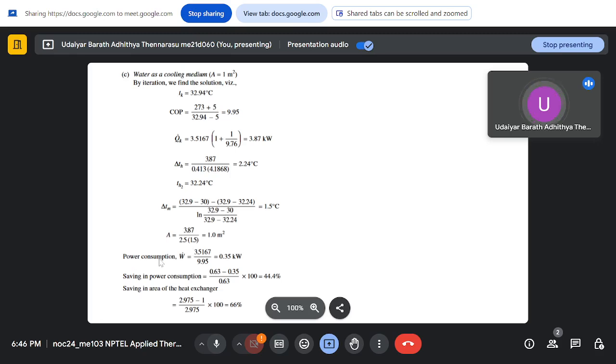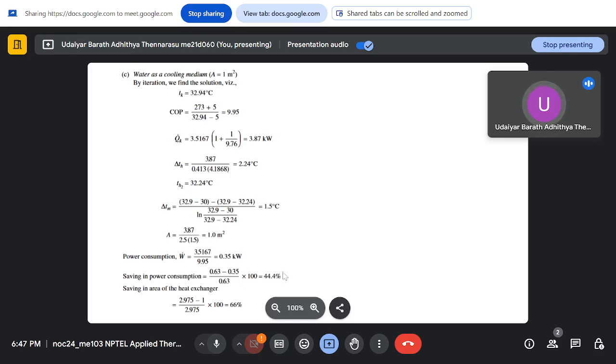So with this, the power consumption W, which is Q by the COP, comes out to be 0.35 kilowatt. So the saving in power is, previously with air it was running at 0.63, now it's 0.35.